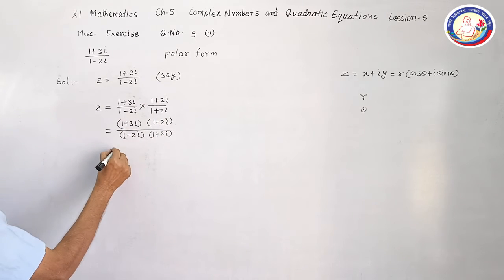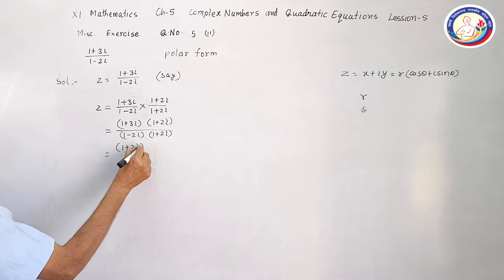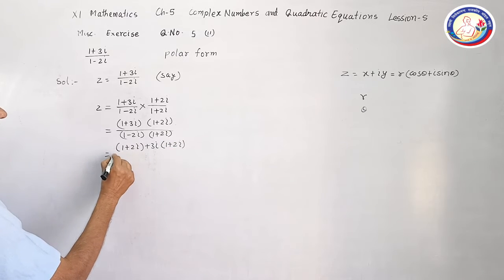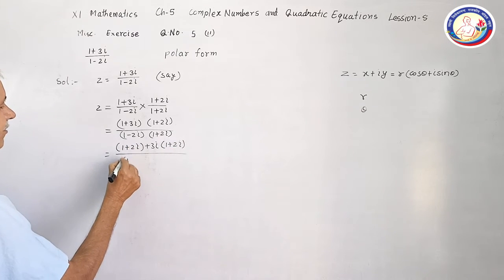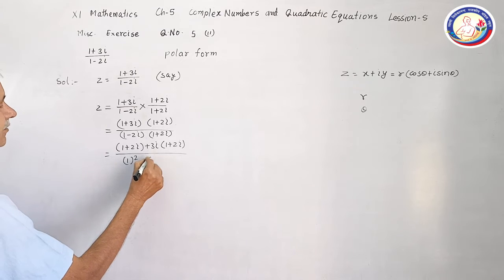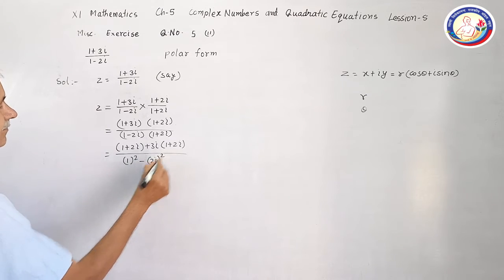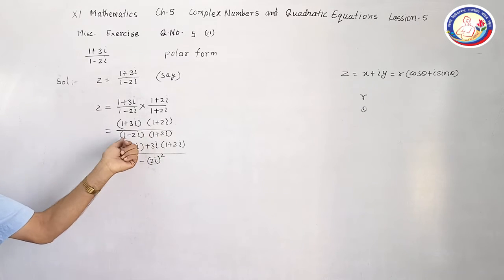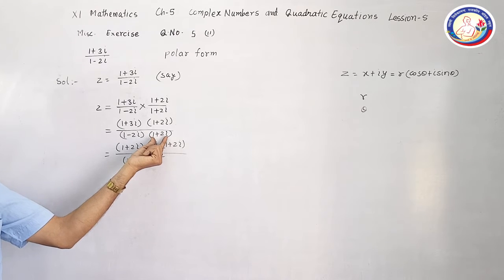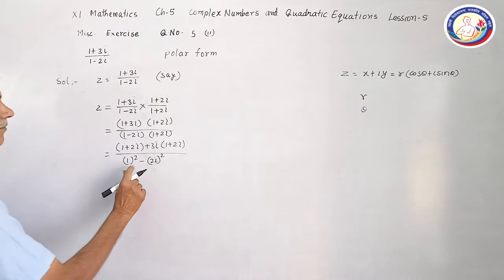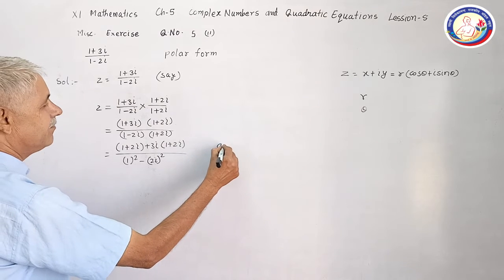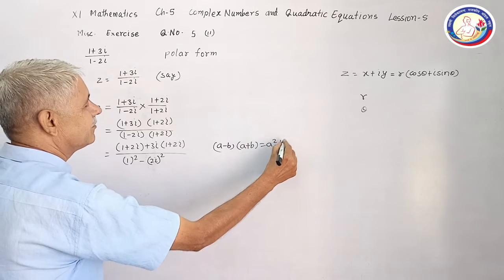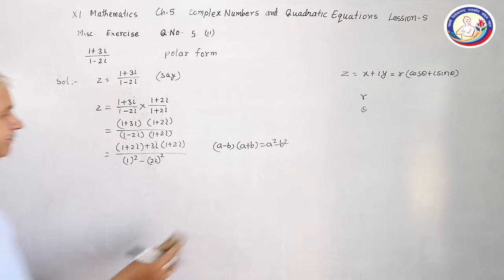In the denominator, square of 1 minus square of 2 iota. It is a minus b into a plus b, the product of sum and difference of these two numbers. The numbers are the same here. It will be given by the formula a minus b into a plus b equal to a square minus b square. This is simple.